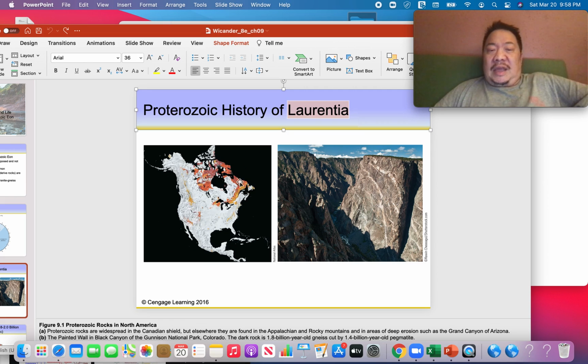So we say that the ancient heart of North America is located around this body of water. What's this body of water called? Does anybody know? The Hudson Bay. So as you go north to the Hudson Bay, you get to the ancient heart of North America that existed during the Proterozoic in this area here.